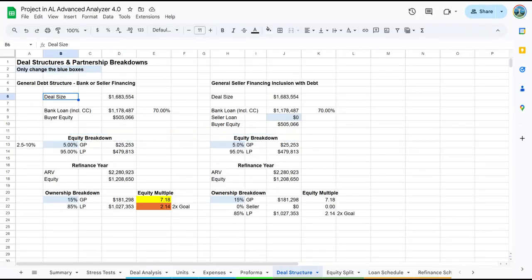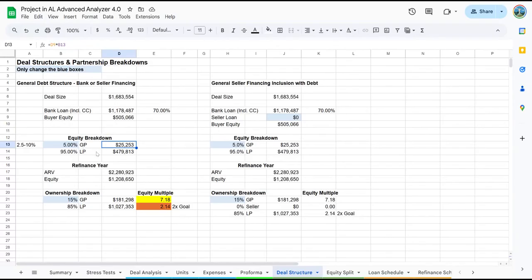So if we come to our equity breakdown, this is where it's going to break down between the general partners and the limited partners. And it's going to be based off the buyer equity, that is basically another name for your down payment. So right now we have a structure of the general partners will put in 5% or $25,000.